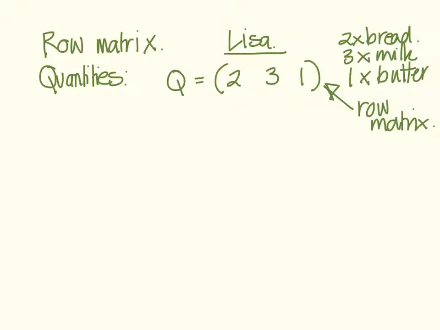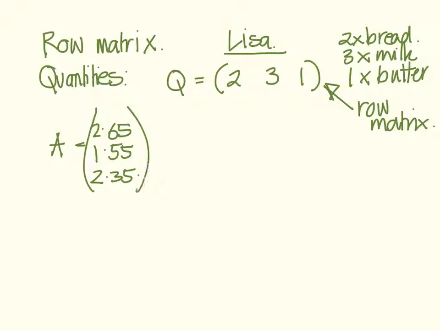Then we are going to put the costs into a cost matrix. We're going to call this matrix A. Our cost matrix has got $2.65, $1.55 for our milk, and $2.35 for our tub of butter.